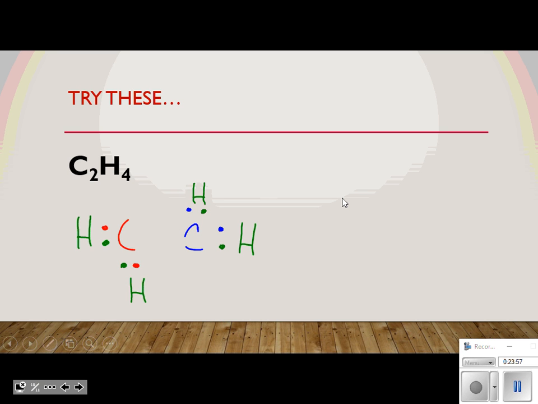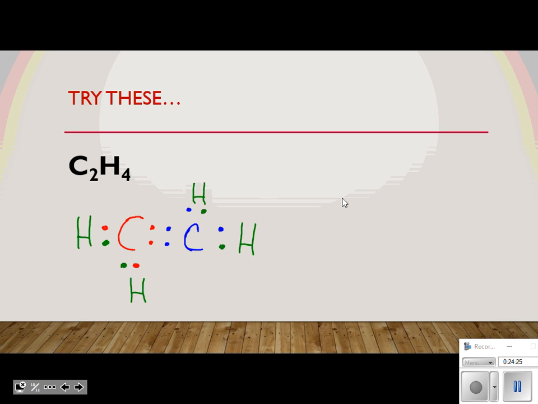So what I'm going to do is I'm going to move those 2 electrons that were there into the middle. So now I'm sharing 4 electrons. When I share 4 electrons, it is a double bond.